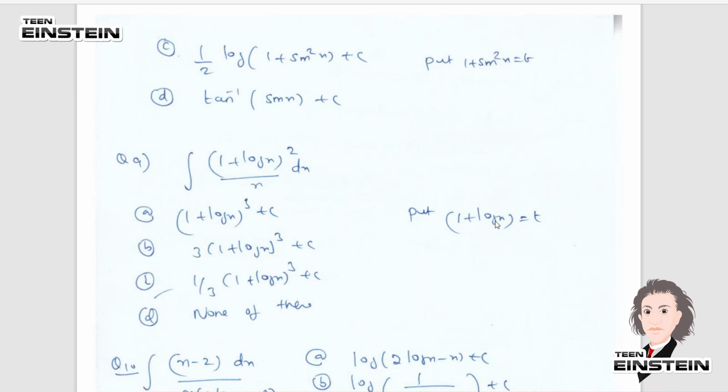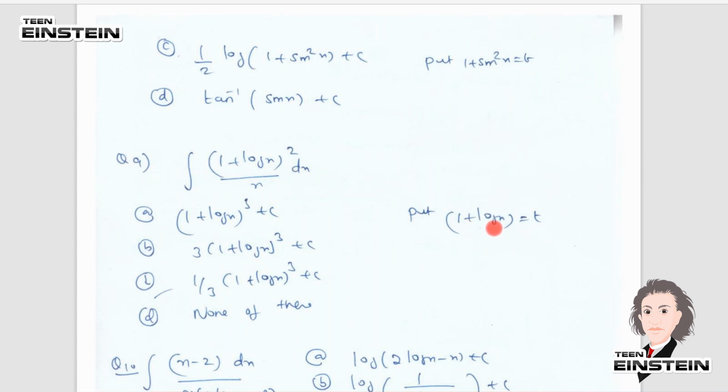It is 1 by x, right? So 1 by x dx is equal to dt. Here I'm having 1 by x dx in the problem, and that is replaced by dt.